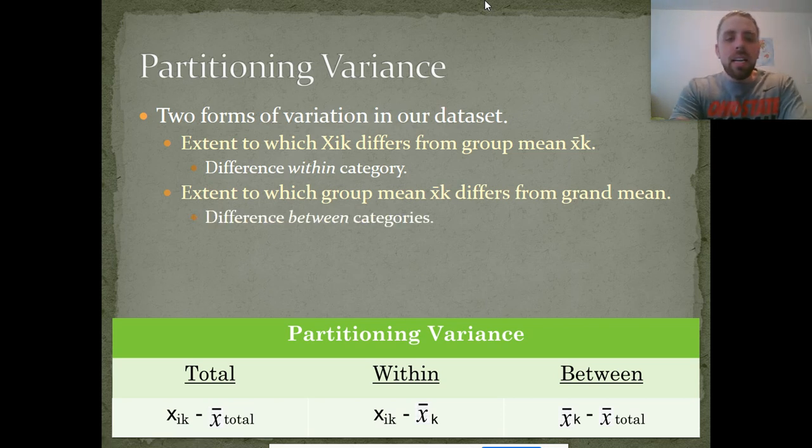So what is the extent to which the group mean X bar k differs from the grand mean? Going back to our manufacturing group, how different is X bar 1, which is 8.58, from X bar total, the grand mean, which I remember being 6.71? That is known as the difference between the categories.